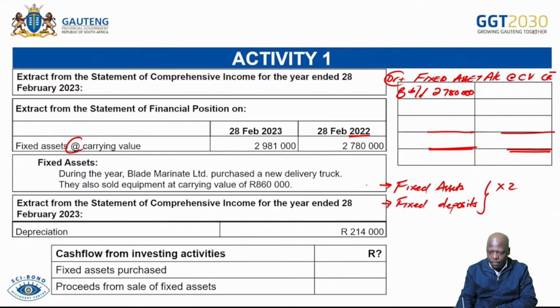And then we now say, what is my balance at the end? So my balance would be 2,981,000, which therefore becomes balance carry down, 2,981,000.